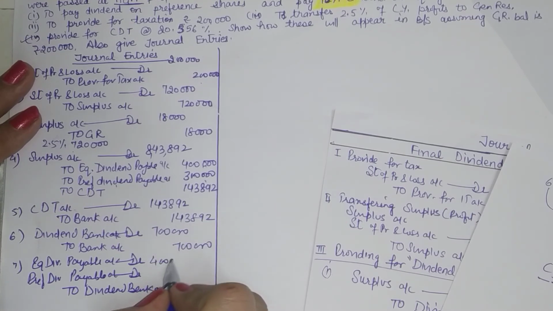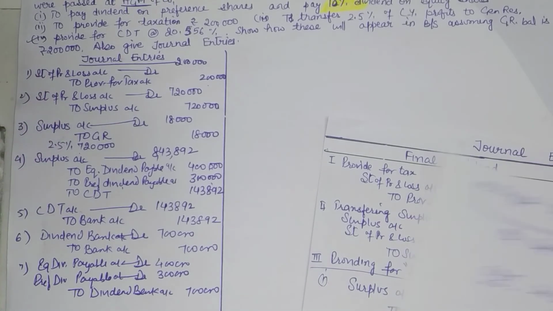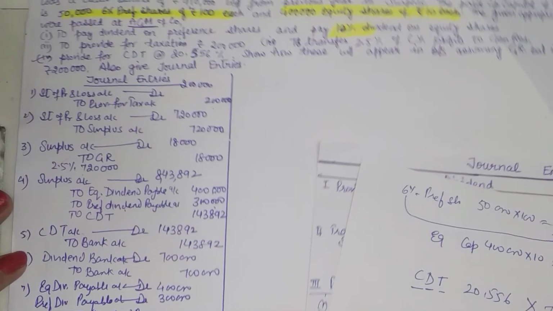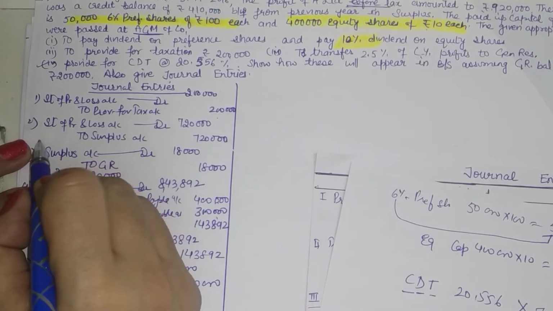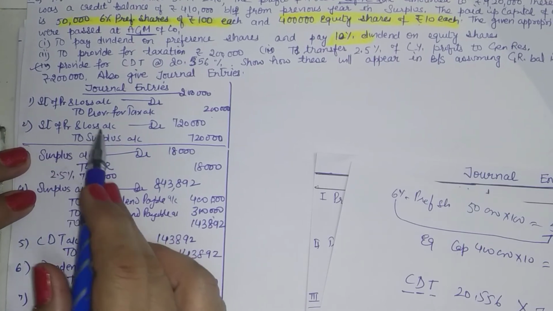So equity 4 lakh, 3 lakh preference, 7 lakh in all is paid through the bank account. So this will be our journal entry for the payment of the dividend. So again remember, before you pay dividend, you are to provide for taxes and transfer the amount to surplus account. So this we did.